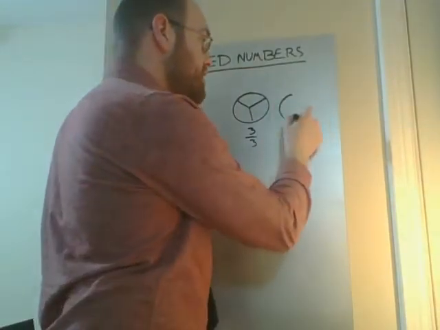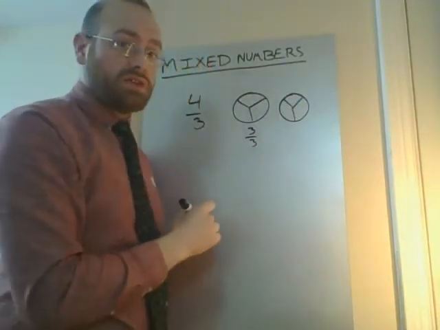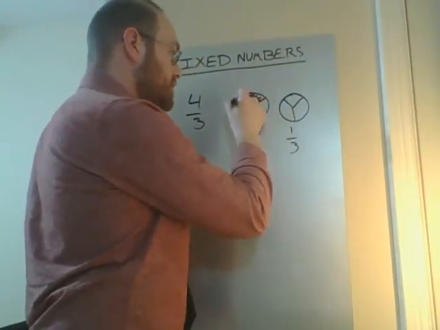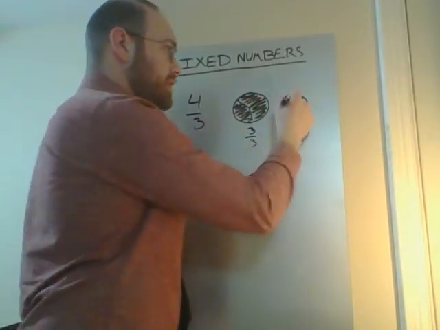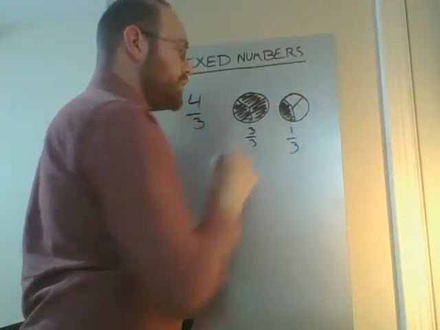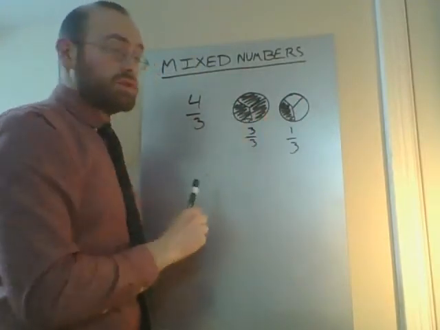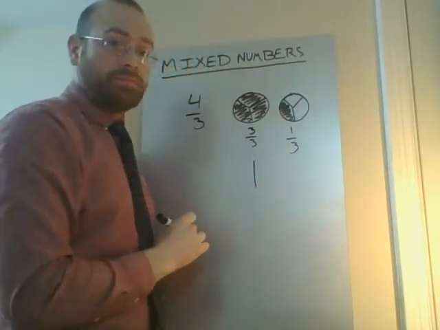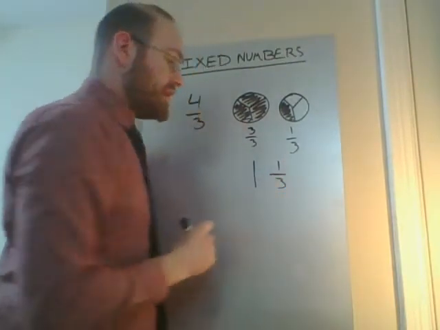So I have to draw in another circle, also divided into thirds. And then the part that's left over gets shaded in. So we have our 3/3 and then 1/3. Now, since we've shaded in this whole circle, 3/3 is just equal to 1, and 1/3 is what remains.